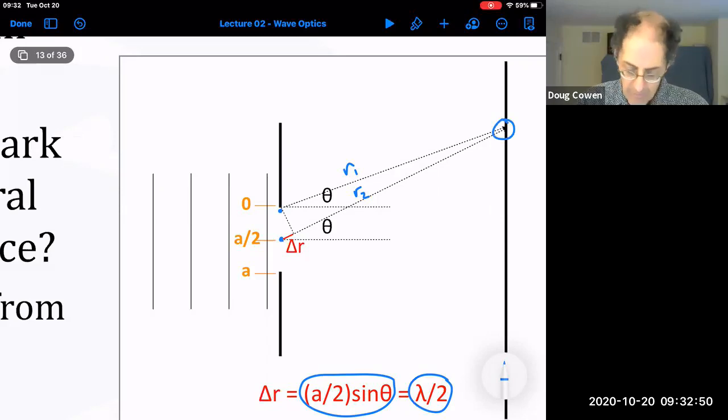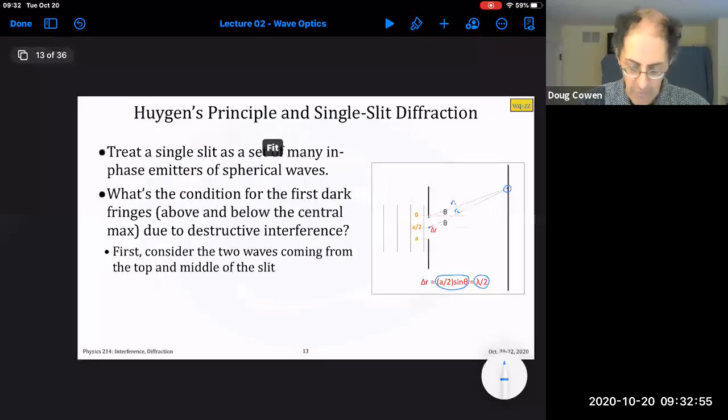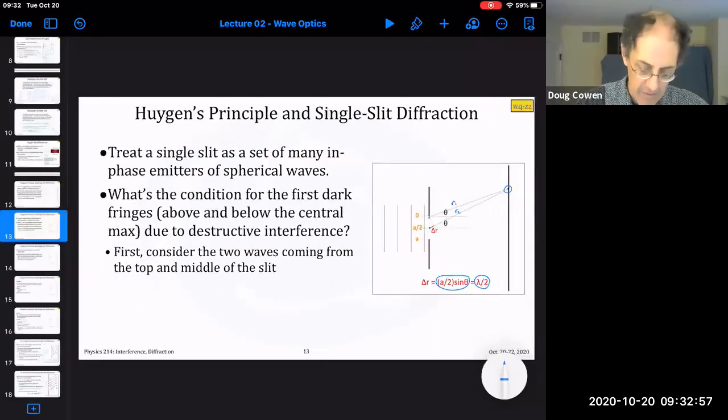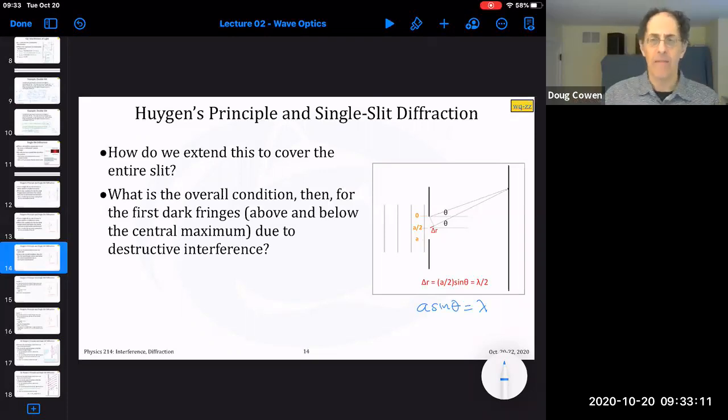Okay, so that condition, where we consider just those two waves coming from the top and middle of the slit, is basically A sine theta equals lambda, because those twos just cancel in the denominator. And then the question is, how do we extend this to cover the entire slit?